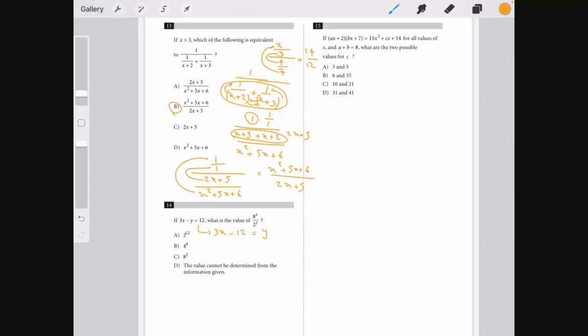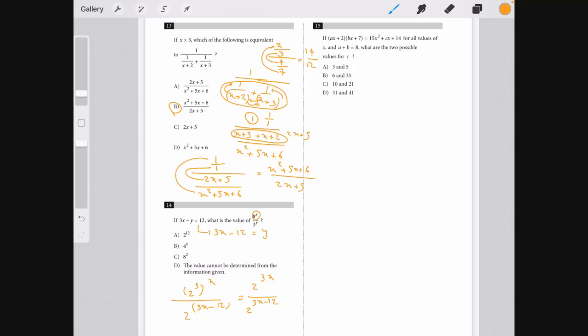So I can write 8 to the power of x as 2 to the power of 3, to the power of x, over 2 to the power of 3x minus 12. Then here we will have 2 to the power of 3x over 2 to the power of 3x minus 12. We know if we have the same base with different exponents, we can subtract the exponents when we divide them.